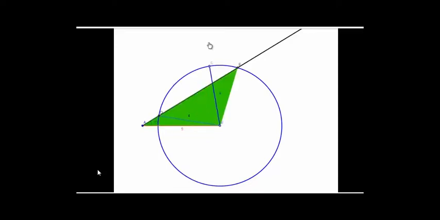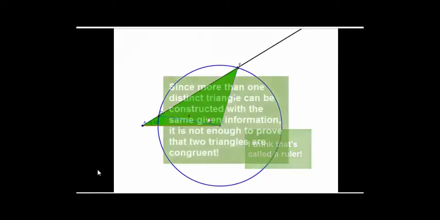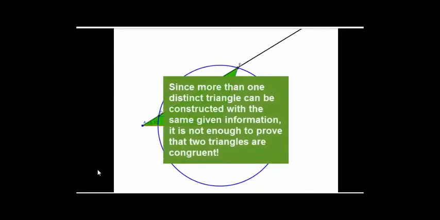And clearly, we could get out our protractor and our measuring device for measuring length, and we could figure out if they were really different. But as you can see visually, they are. They are 2 different triangles, which means that this is not enough information to prove that 2 triangles are congruent.